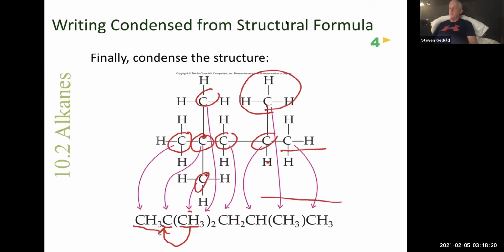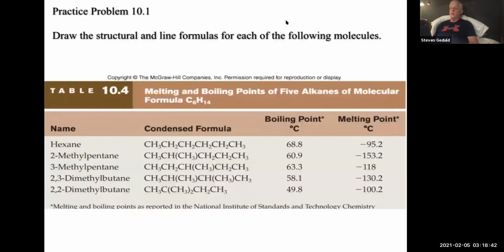And here's your structural formula. And again, everything in parentheses applies back to the carbon preceding it. I know they're a little confusing, the condensed formulas, but we'll work on that a lot more too here. But you can see here's examples of condensed formulas. Okay, this is hexane. Remember back on the chart, hexane meant how many carbons?